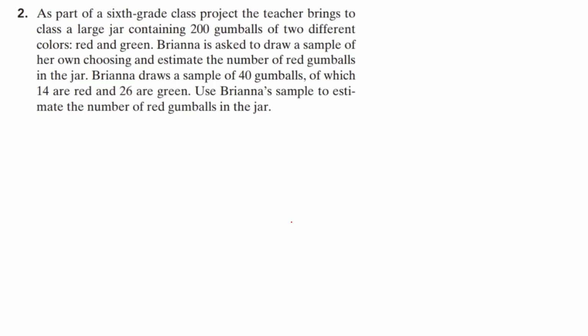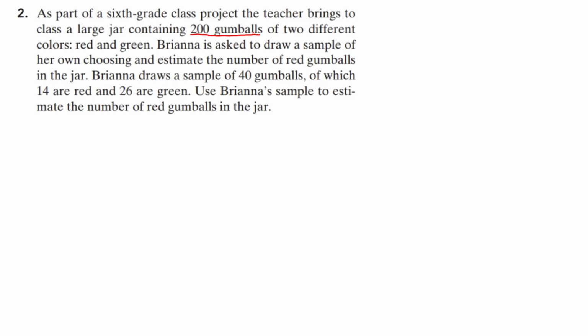As part of the 6th grade class project, the teacher brings to class a jar containing 200 gumballs. So this 200 gumballs is the entire population of gumballs of two different colors, red and green. Brianna is asked to draw a sample of her own choosing and estimate the number of red gumballs in the jar.